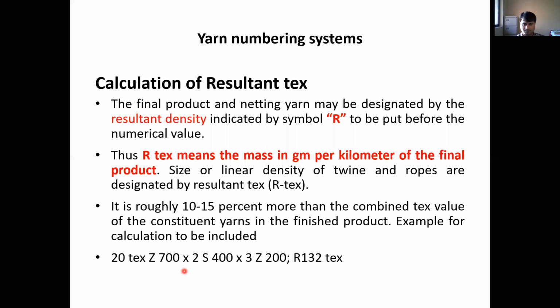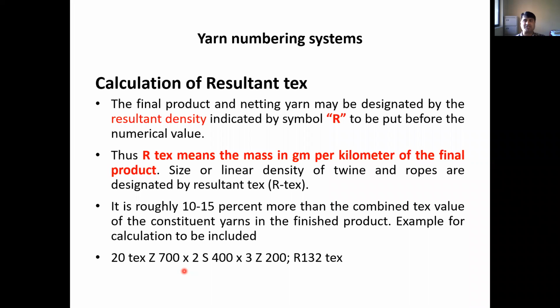Right-handed. Right-handed what? So 20 tex Z है ना sir? Yes, Z है, but you are telling right-handed. Right-handed what? The folding of the rope, of the yarn.